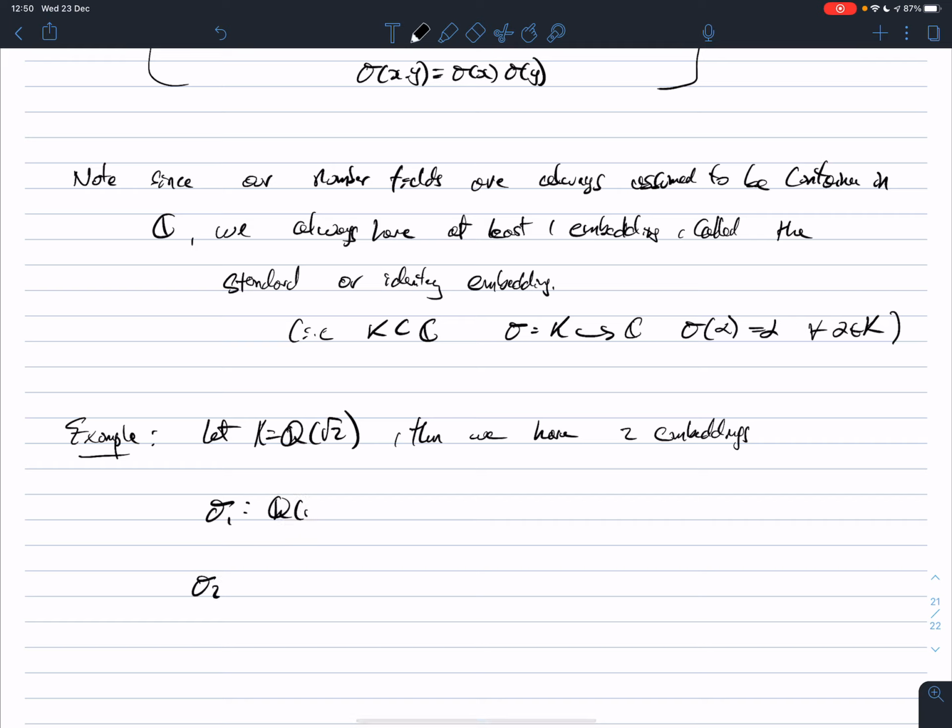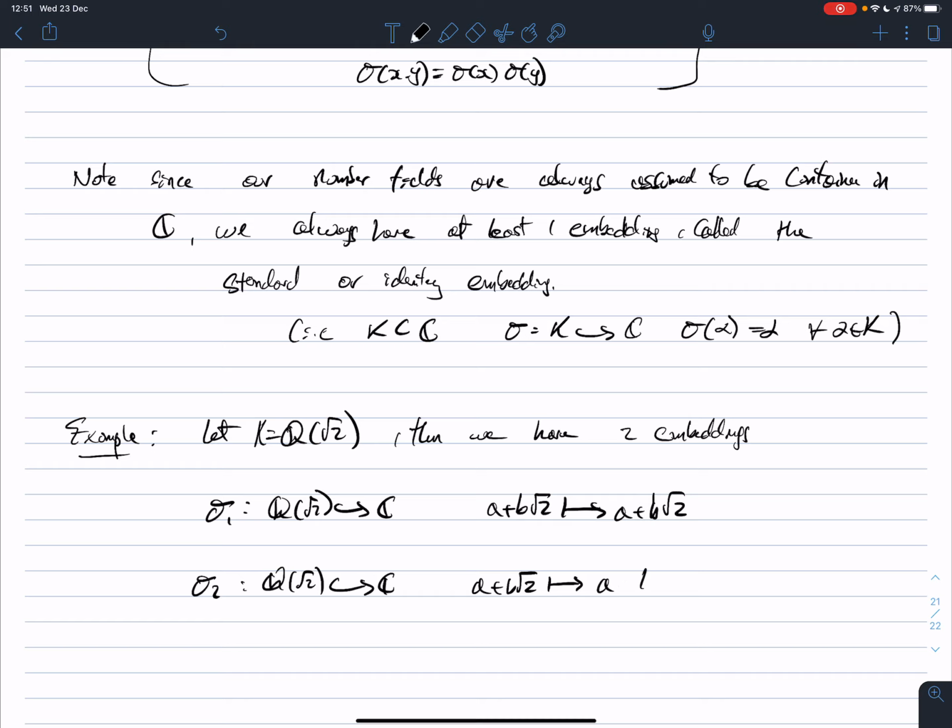Each goes from Q root 2 into the complex numbers. How are they defined? Here I'm going to take all my elements in Q root 2, which look like a plus b root 2, and send this to just a plus b root 2. So this is just the identity embedding. Nothing happens. In the other one, I'm going to do something interesting, which is I'm going to send this to a minus b root 2. So root 2 has been mapped to minus root 2 in this case.